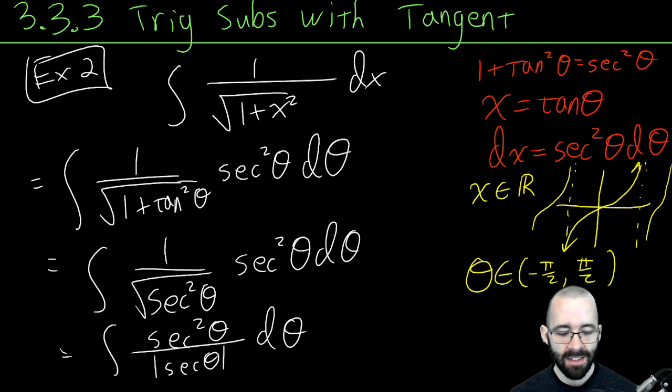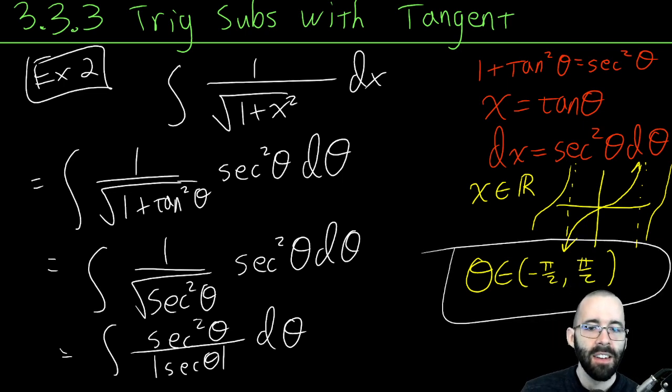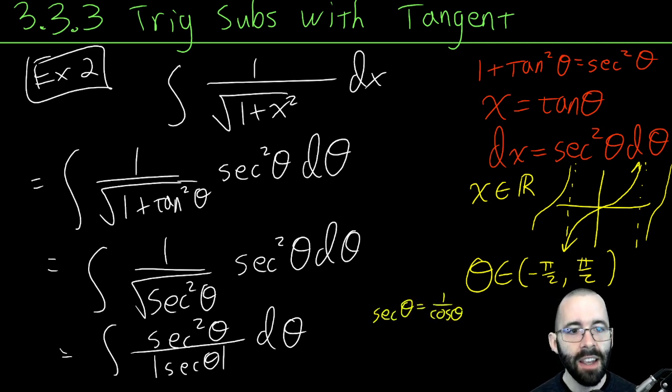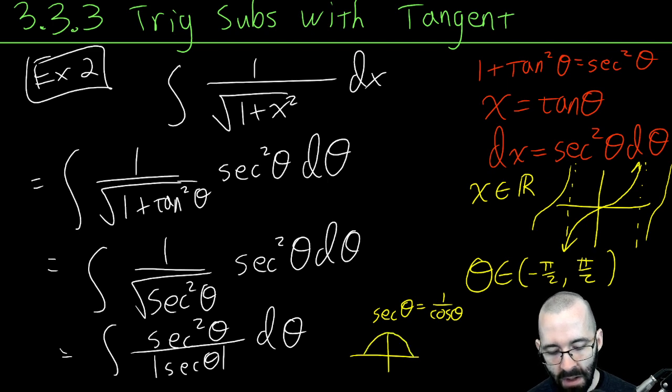So the question is, what do we know about secant of theta on this interval? Secant is 1 over cosine. So if cosine's positive, secant's positive. Right? Secant of theta is 1 over cosine of theta. And just like in the last two videos, we know from negative pi over 2 to pi over 2 that cosine of theta is strictly positive here.